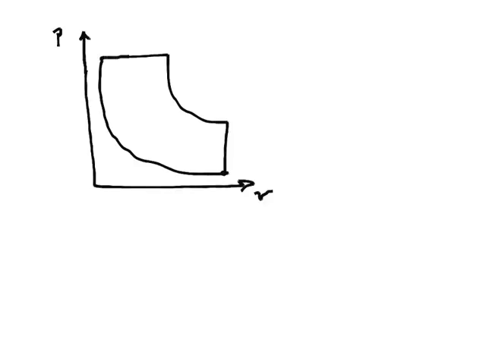So state 1 is before the compression, and state 2 here. State 2 is post isentropic compression, so this is s is constant. Let's label it like this.